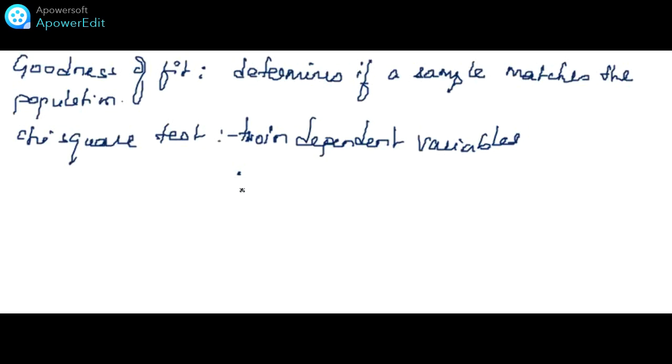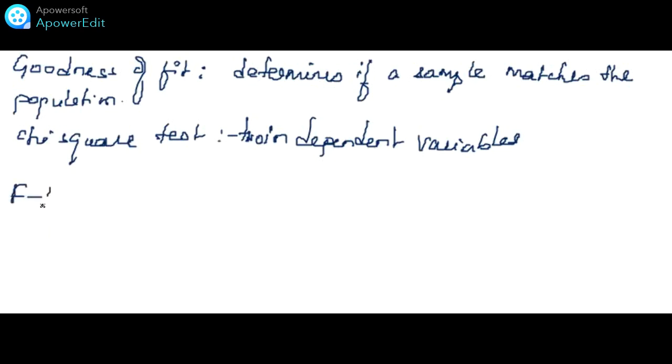You have to check the value from the table whether the difference between the sample and the population is significant or not, whether the sample drawn is from the same population or not.